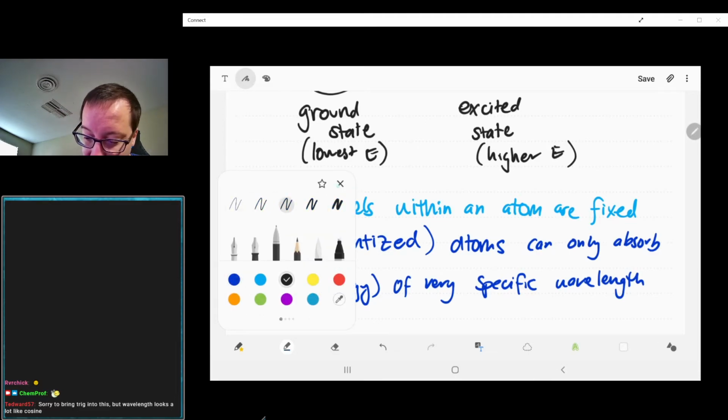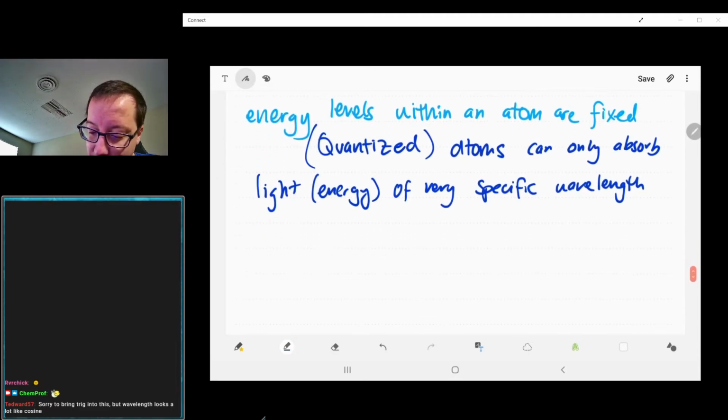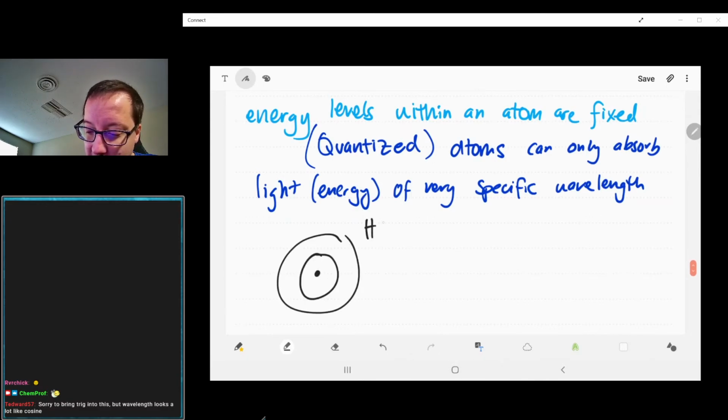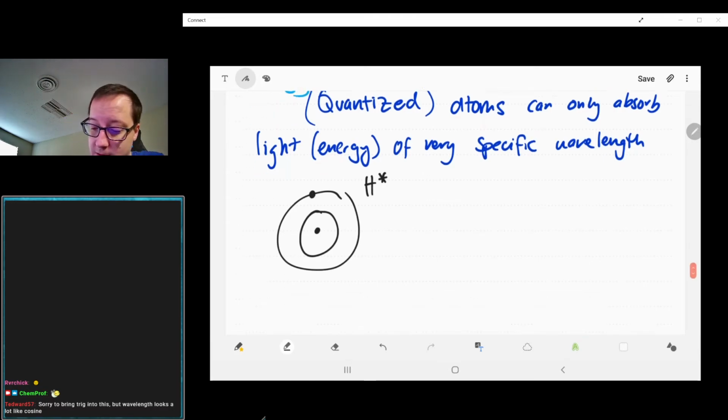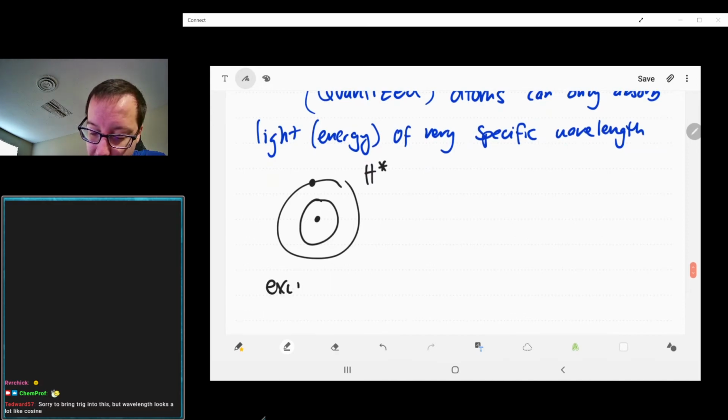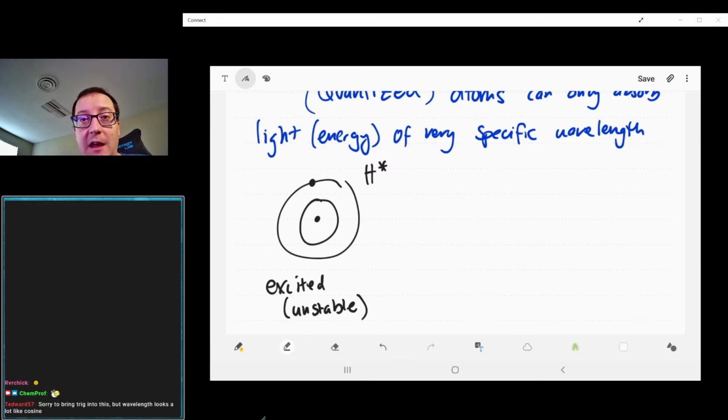But before we get into that, let's just see what happens when we have our excited state atom. So excited states are not quite stable. They have higher energy. And so what they'll want to do is get rid of that energy. And remember, energy can't be destroyed or created.